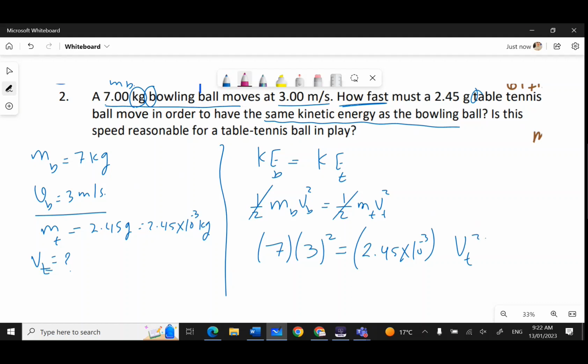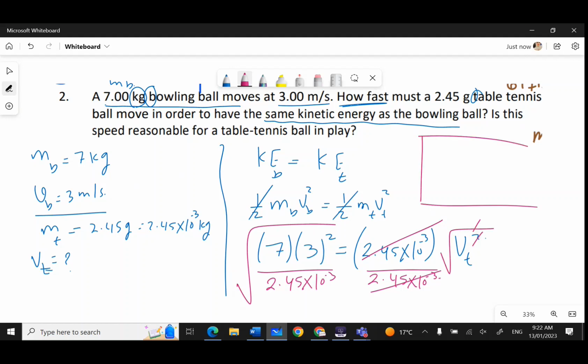Now simplify. I have multiplication here. The opposite of multiplication is division, to keep this variable alone by itself. So divide by 2.45 times 10 to the power negative 3. They cancel each other out. And I need VT, not VT squared. So take the square root of both sides.